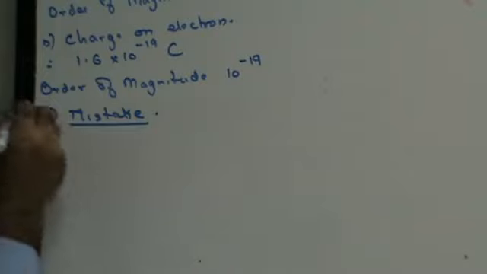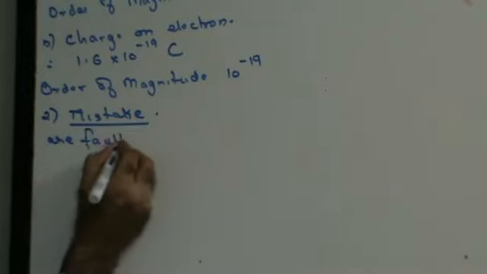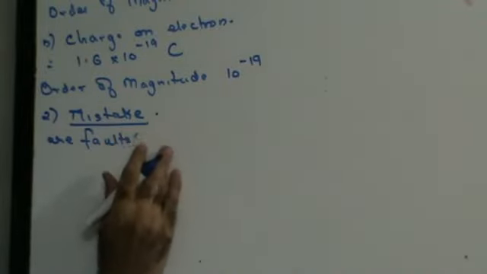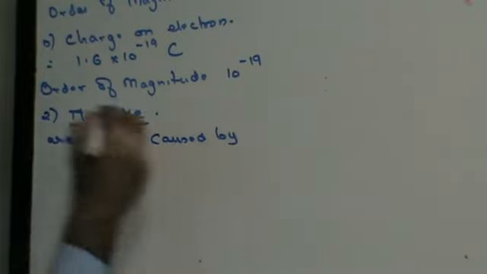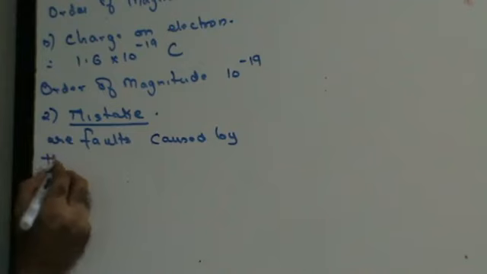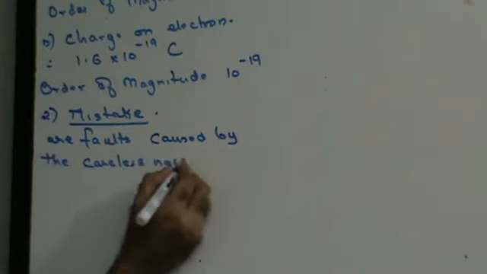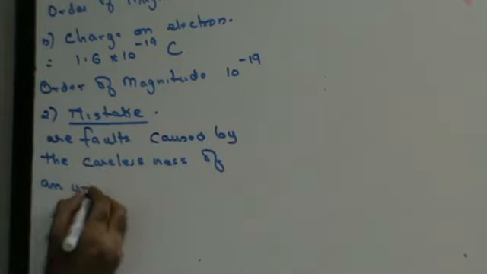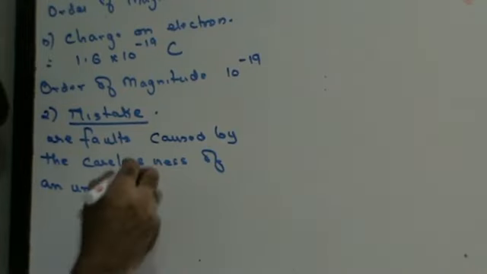So what are mistakes? Mistakes are faults caused by the carelessness of an untrained experimenter.